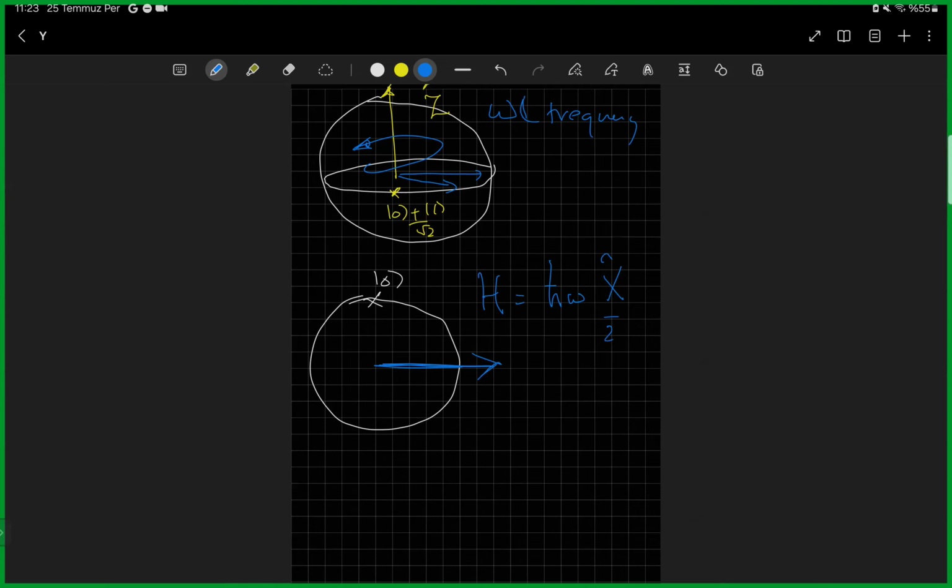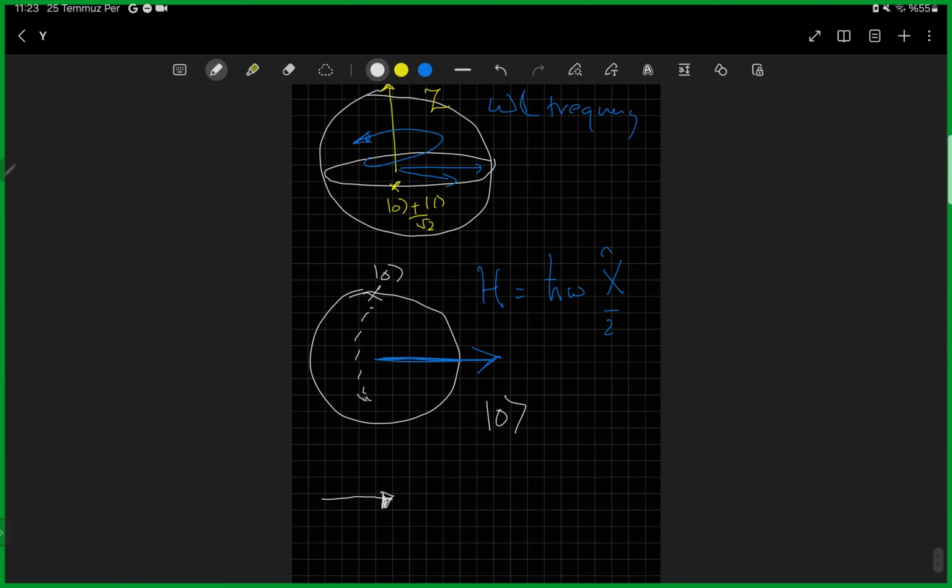And then my state |0> evolves, it just starts precessing in this big circle. It evolves as cosine omega t over 2 |0> plus sine omega t over 2 |1>. So it starts being Rabi flopping.